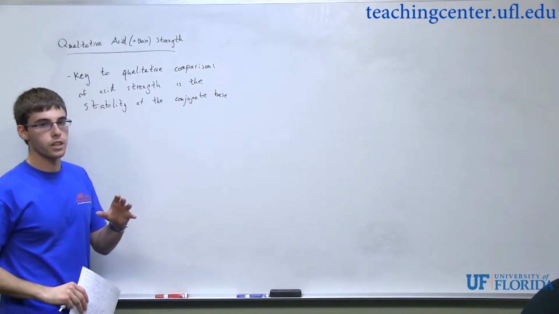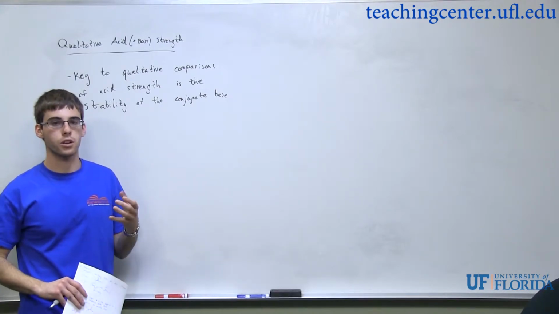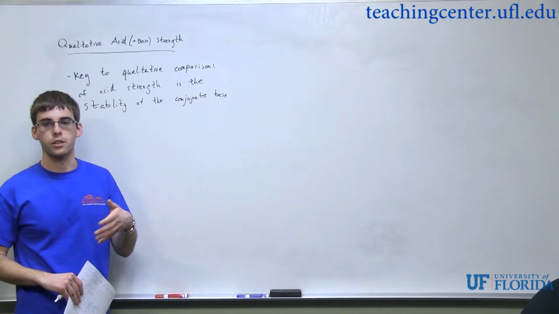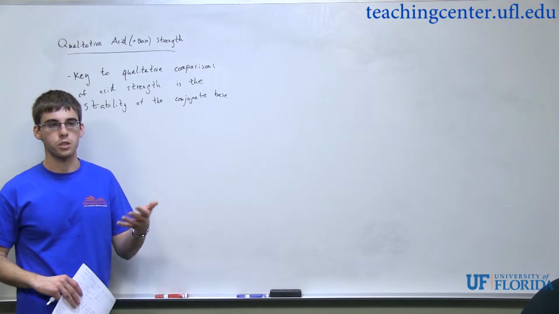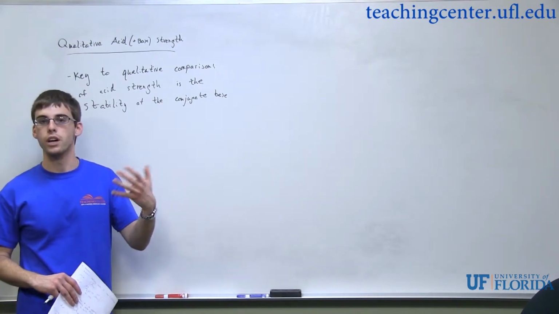Remember, the conjugate base is just an acid where you pluck off that most acidic hydrogen. Most of the time in a question, it will say which hydrogen or which proton is more acidic, or if it says which molecule is more acidic, the proton that they want you to remove will typically be drawn in.